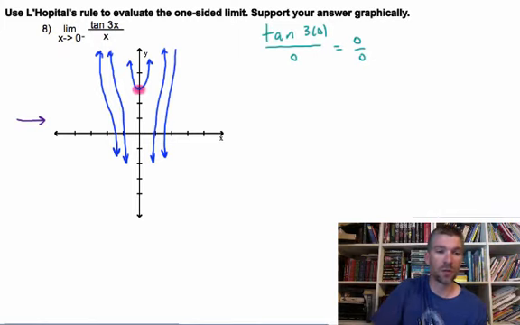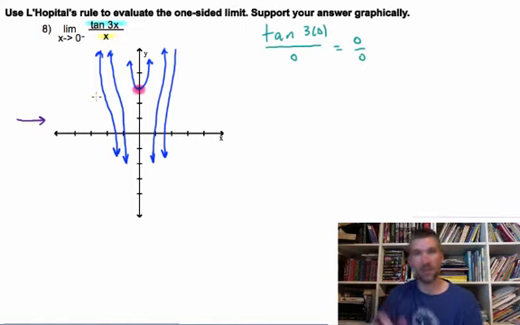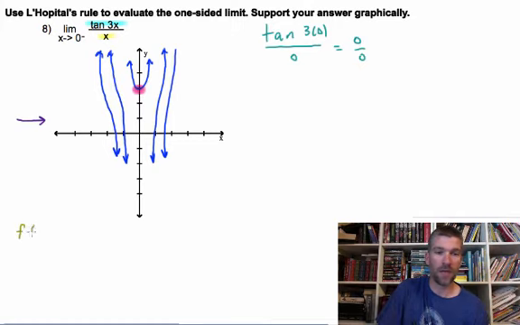To use L'Hopital's rule, we just take the derivative of two separate pieces. We take the derivative of the top, and then we take the derivative of the bottom, separately, independently of each other. There's no quotient rule or anything like that. So I'm going to let f of x equal tangent 3x.